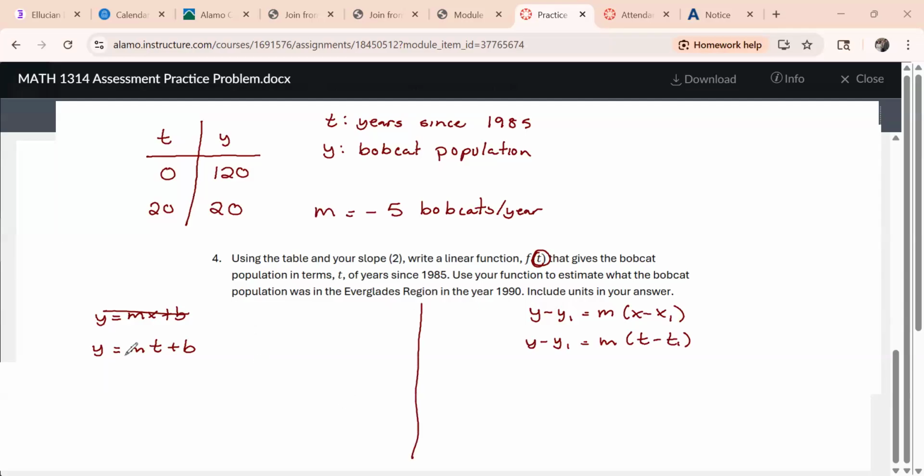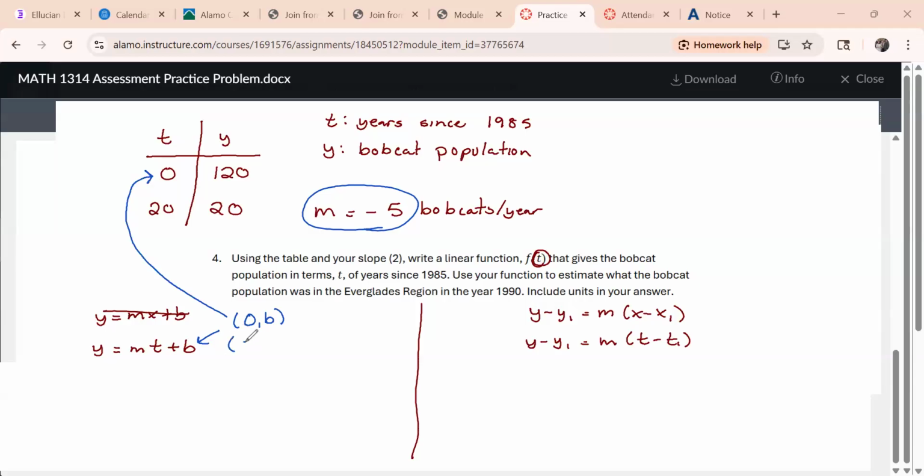Okay, so we already know what m is. m is minus 5. So in this case here, for y equals mt plus b, we just need to figure out what this b would be. So if you remember, this is a point that's called (0, b). That's where your input is 0 and the output is going to be the b. So we see we have that point right here.